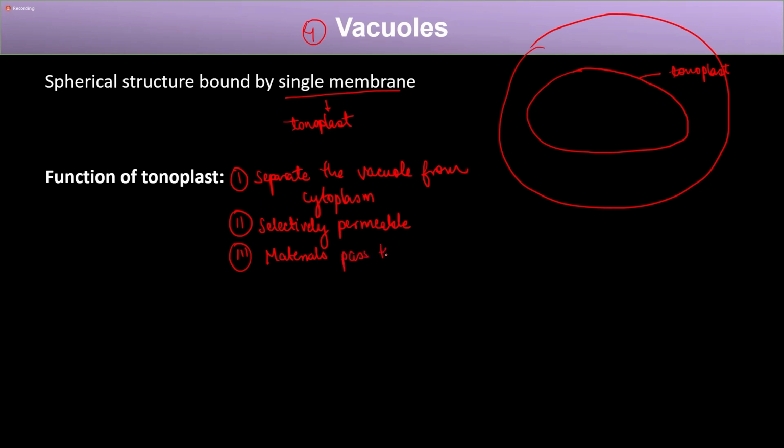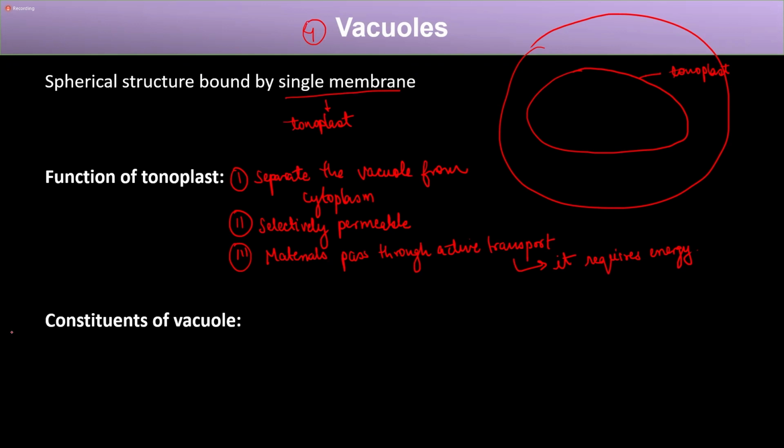So what does active transport mean? Active transport means that for transporting these materials across the tonoplast, energy is required. So these are the functions of tonoplast.